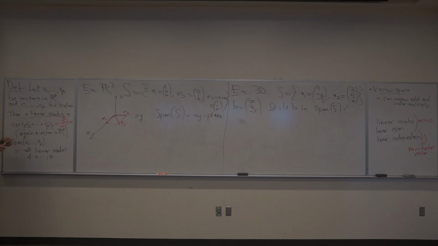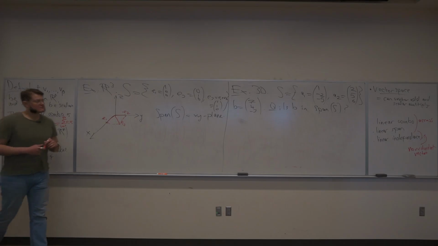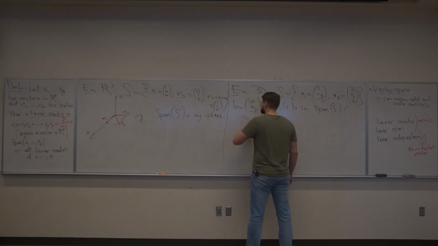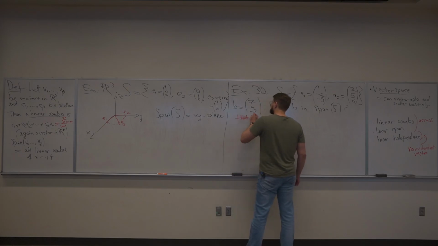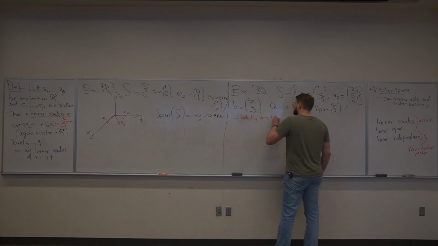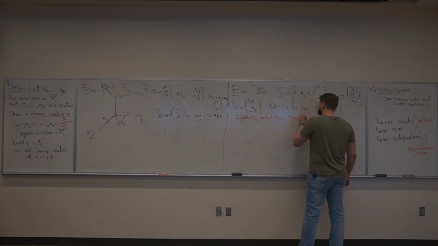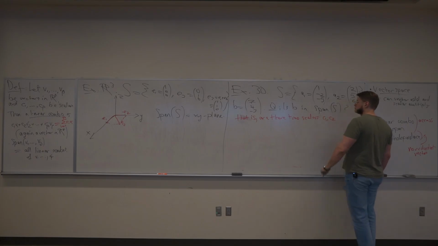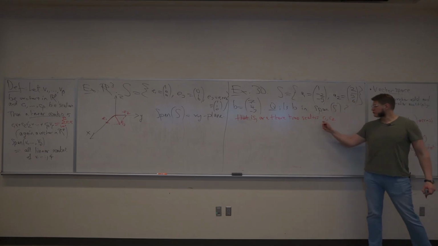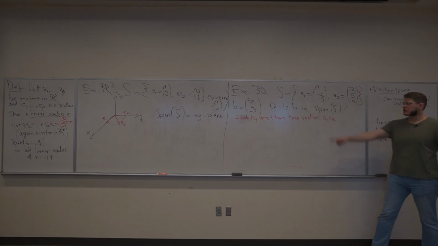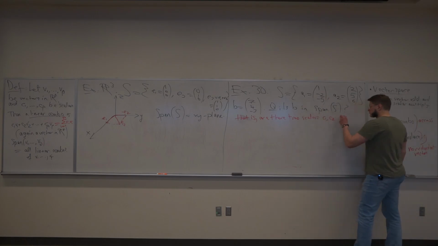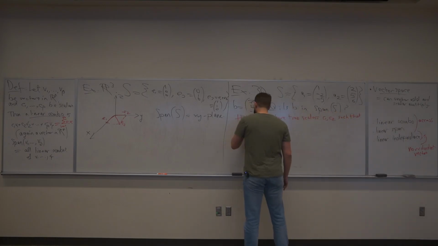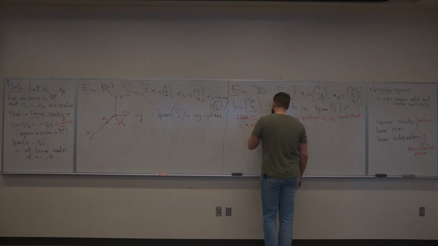Opening up the definition, this ultimately boils down to the following mathematical question: are there 2 scalars, C1, C2, such that if I use these 2 numbers to take the linear combination of A1 and A2, I get B? Such that C1A1 plus C2A2 equals B.